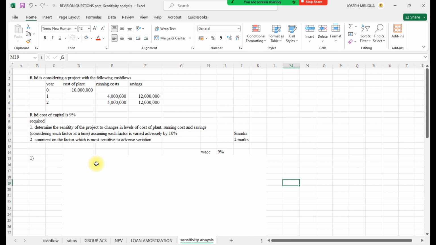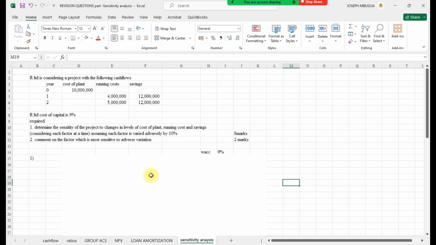So we had year 0, 1, 2, we had the cost of plant, running costs, and we had savings. R Limited's cost of capital was 9%, and you are required, number 1, to determine the sensitivity of the project to changes in the level of cost of plant, running cost and savings, considering each factor at a time, assuming each factor is varied adversely by 10%.